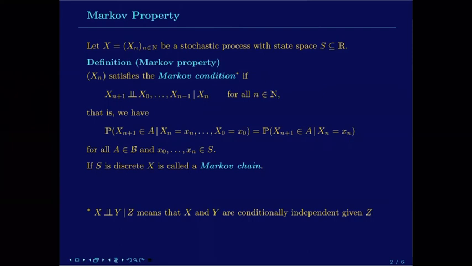So as before, the past up to time n-1 is irrelevant for predicting the Markov process at the next time.